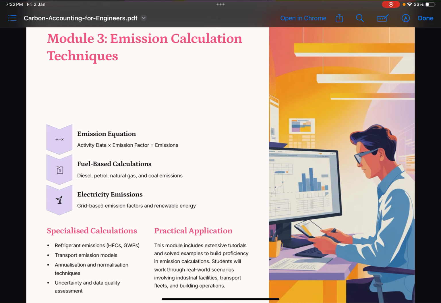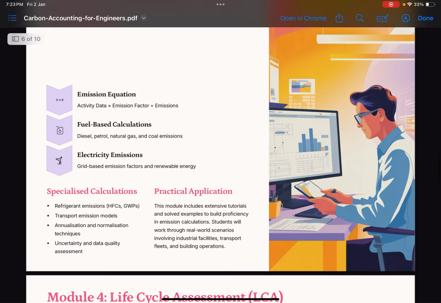We would look into what is called the emission factor, and we would also calculate the emissions arising from the use of grid based electricity and renewable energy. So this will be a very specific and very practical module because it would involve extensive tutorials and examples to build proficiency in emission calculations through real world examples.